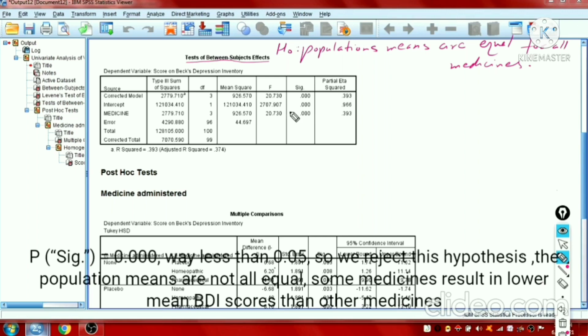Here the p-value is 0.000, which is less than or equal to 0.05. So we reject this hypothesis. The population means are not all equal. Some medicines result in a lower mean BDI score than other medicines. H0 is rejected.